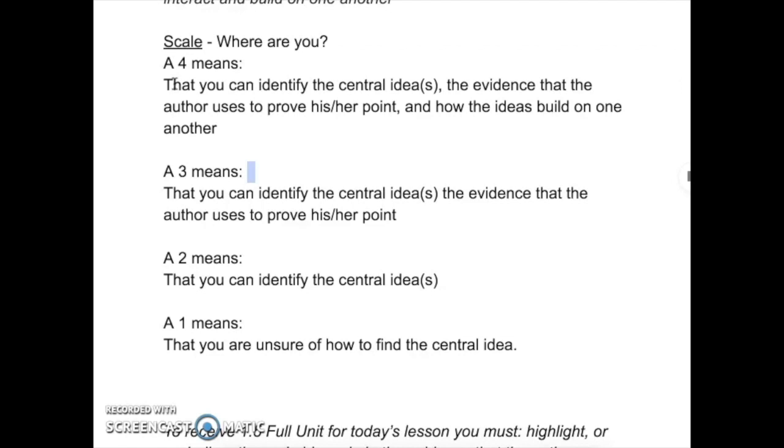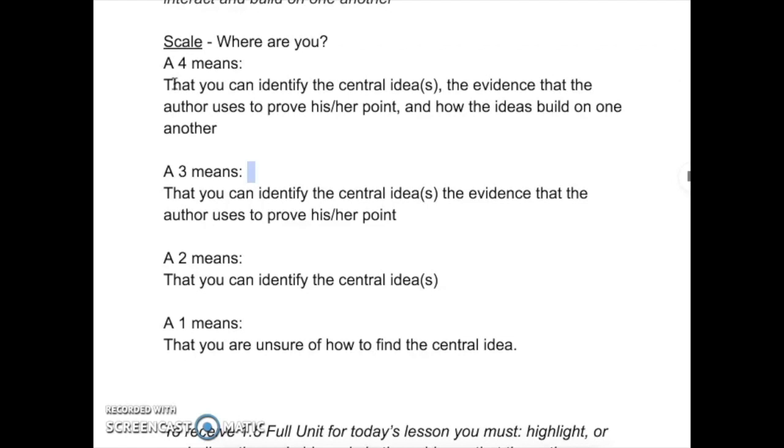That's above and beyond. A 3 is where we'd like all students to be by the end of the year. And if you can do that, that means that you are able to identify the central ideas. You're able to point to the evidence that the author uses to prove his or her point, but you're not really looking at how those ideas build on one another. If you're at a 2, that means that you can identify the central idea, but you're not able to identify the evidence that the author uses to prove his or her point, which is a lot like not showing your work in math.